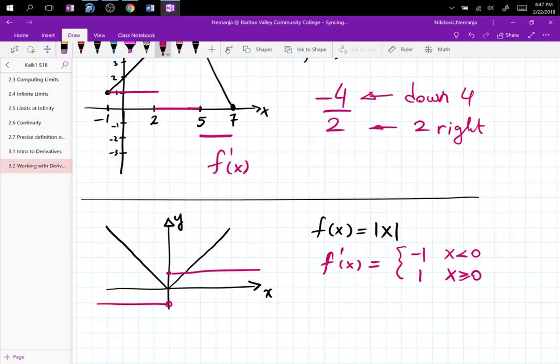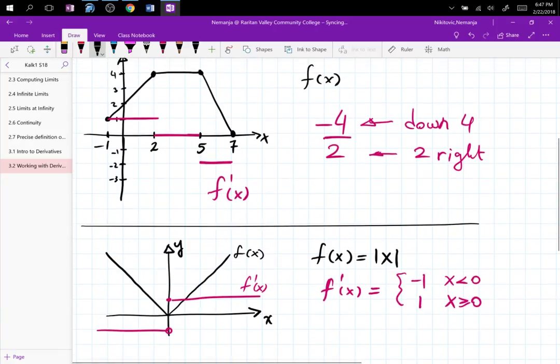That's our derivative for absolute value. So the black one is the function, the red one is the derivative.